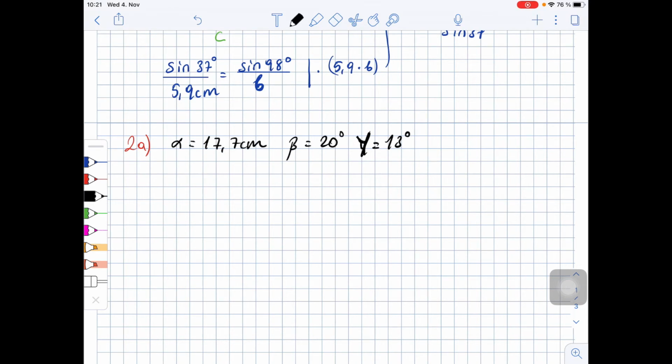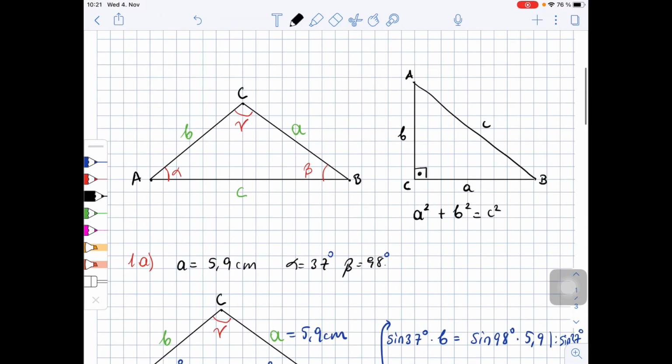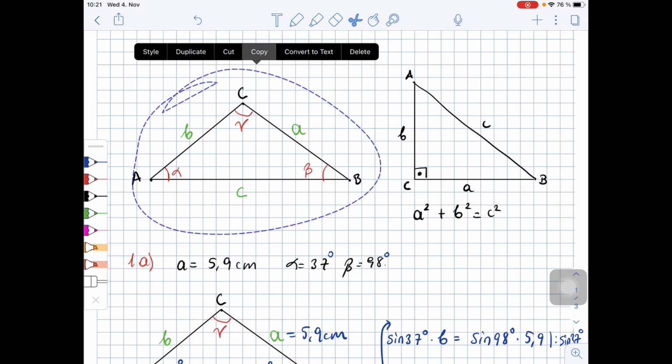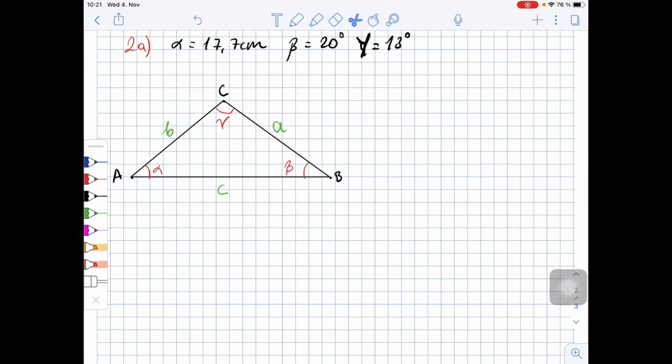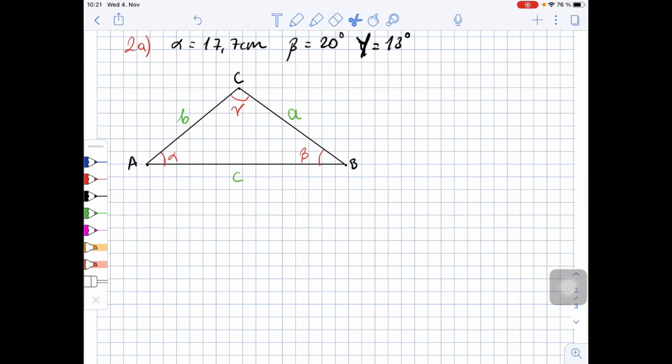Okay. First of all, I need this triangle, right? Oops, this triangle I need. Copy. And then come back here. Paste. And let's write down what I know. I know A, which is, wait a second.